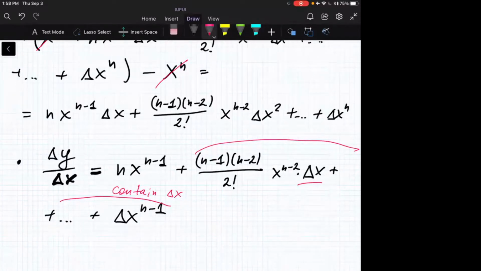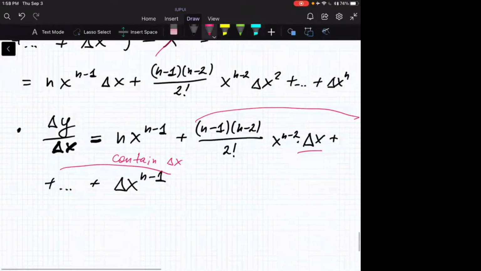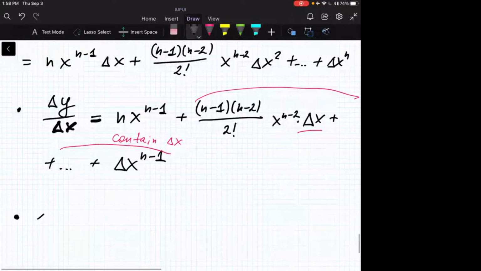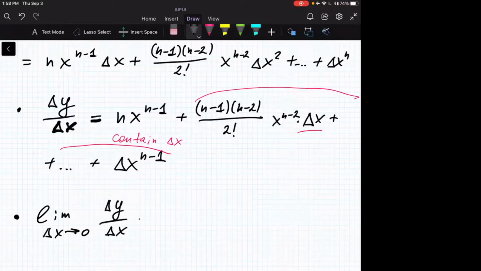Next term will contain delta x squared, and next one will contain delta x cubed, and so on. And the last one contains delta x to the power n minus 1 even. And this is important because on the next step we consider limit when delta x goes to 0 of our ratio, and this is the same as this limit.